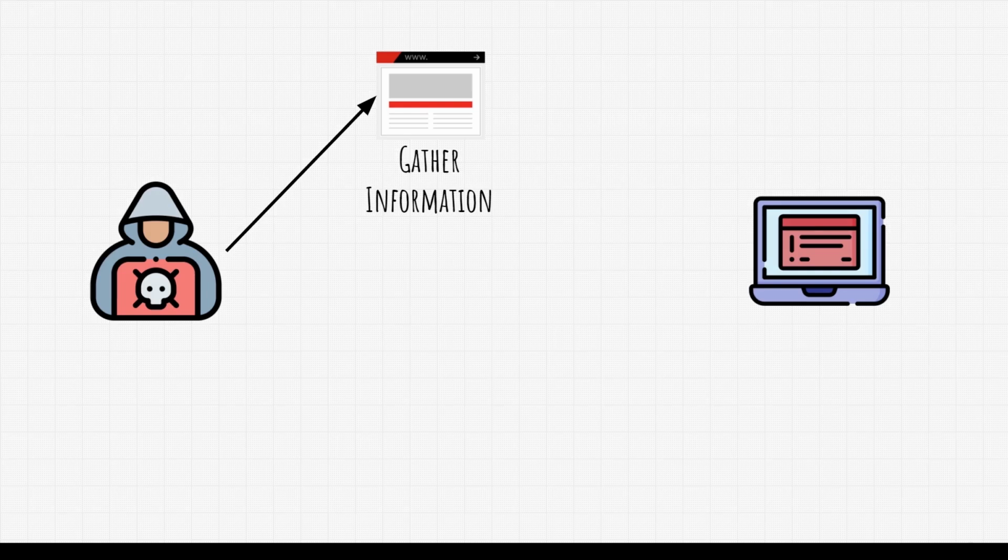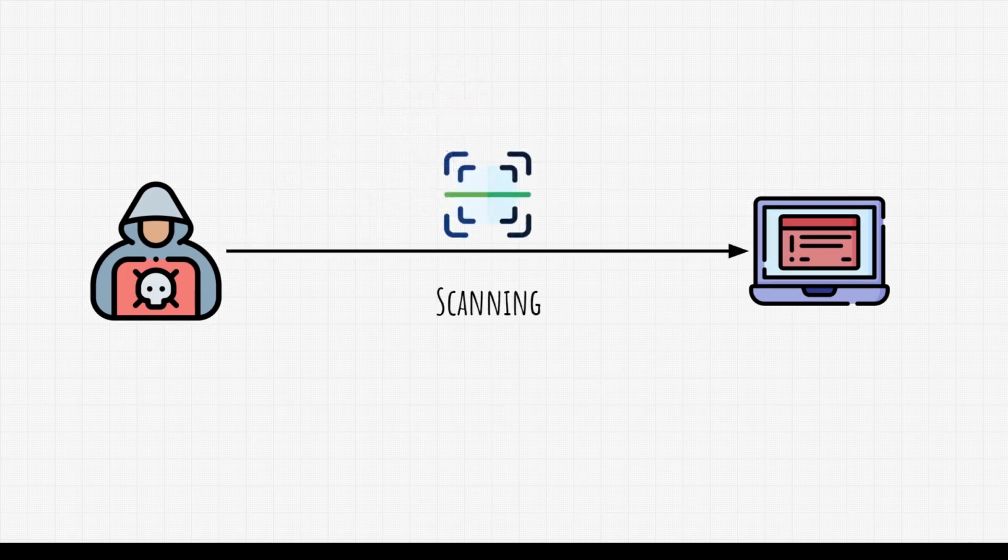After this comes scanning. Now, scanning is a deeper form of information gathering, and it's done actively, which means we directly interact with the target in order to find out more information about it. Usually, this will be the information of technical nature, like what technologies does the target run, what is their website made of if they have one, which ports do they have open, and so on and so on.